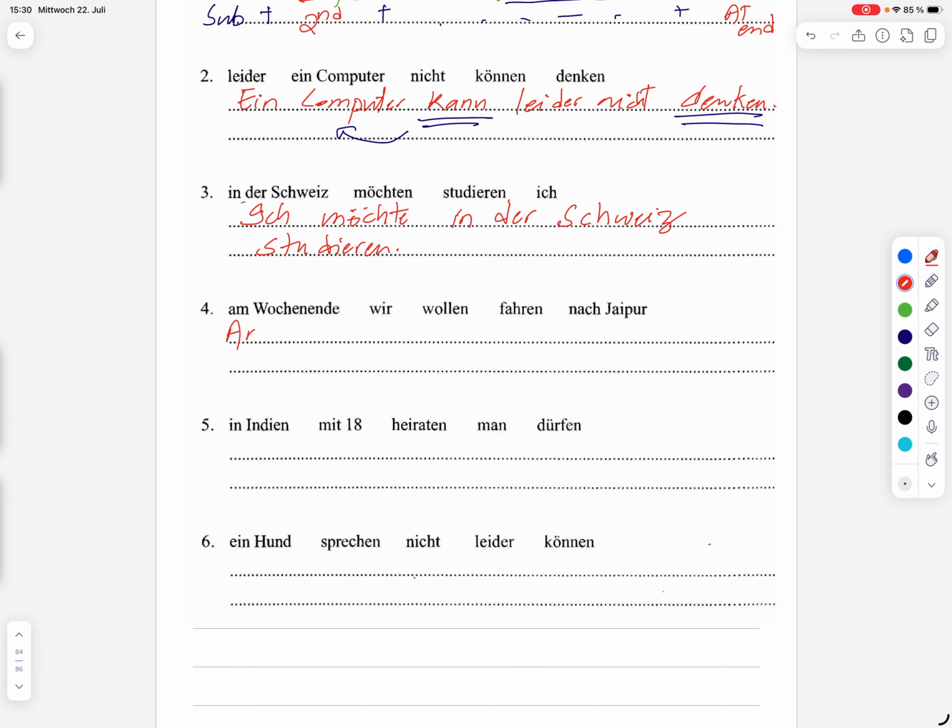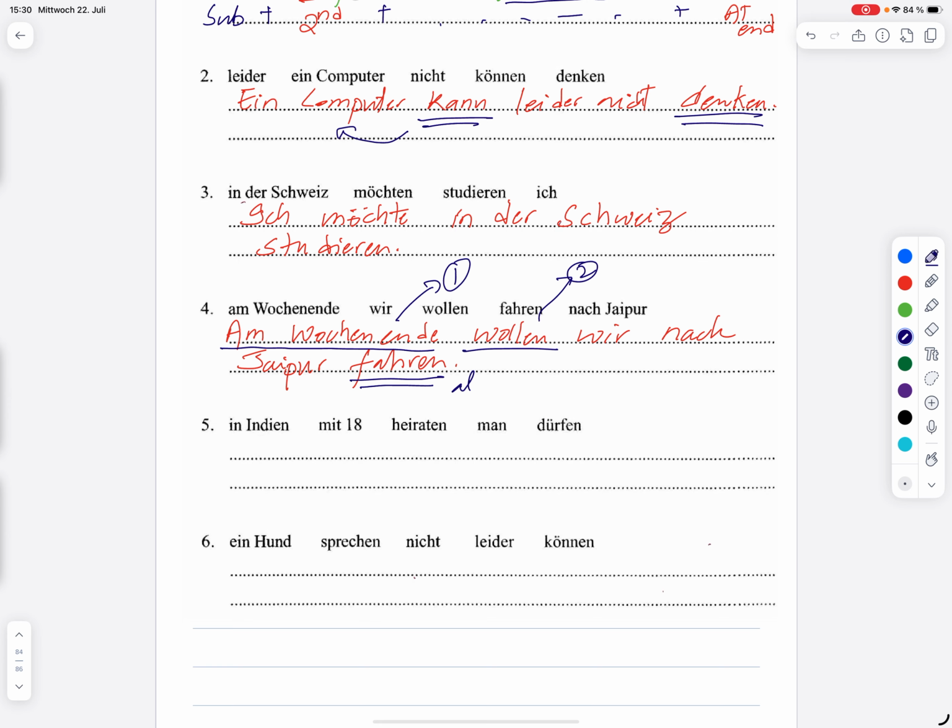So you can do: Am Wochenende wollen wir nach Jaipur fahren, right? So in this one, am Wochenende is position 1, and then wollen is position 2, the verb at the second position, conjugated according to wir, then nach Jaipur, and then at the end is our main verb, right?